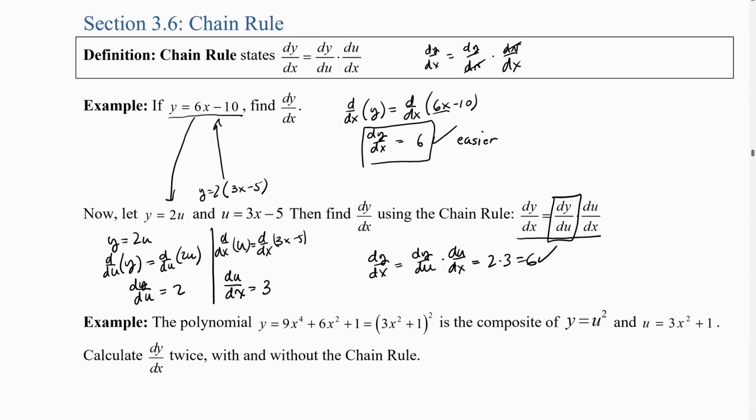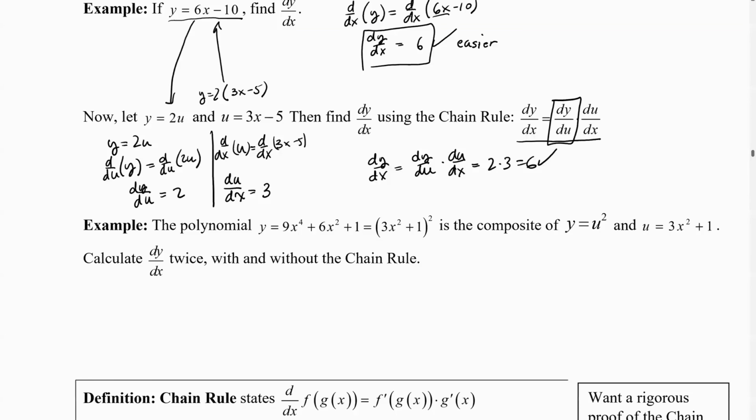And I'm going to say you're absolutely right. We get exactly the same answer, and it's hard to justify using the chain rule in that circumstance. But let me make an argument that as things get more complicated, we might want to, again, think about how the chain rule might be helpful.